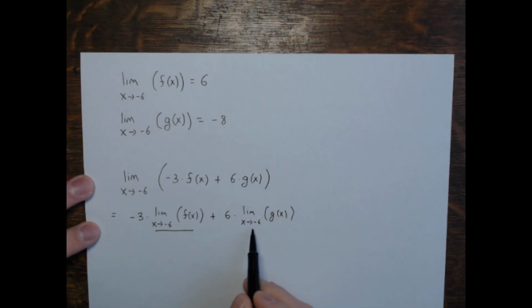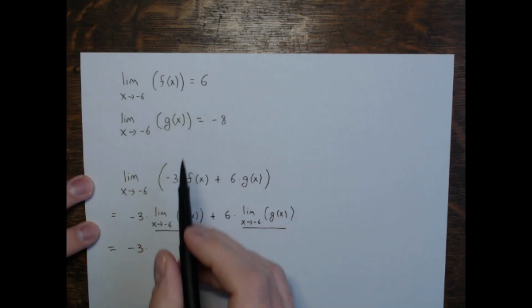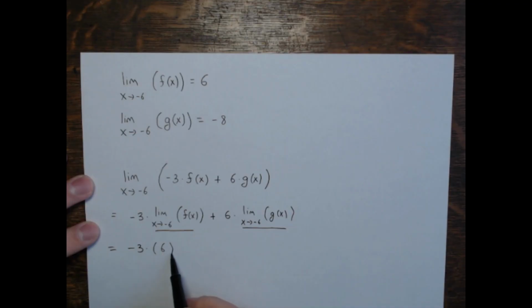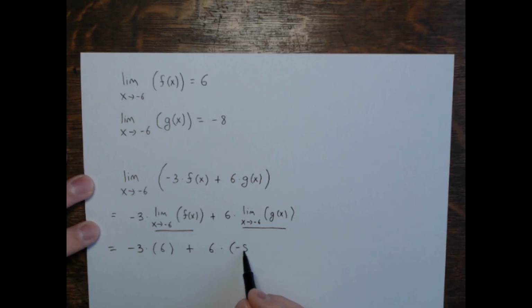And each of these was given to me. So this ends up being -3 times this limit as x approaches -6 of f, which was 6, plus 6 times this limit as x approaches -6 of g, which was -8. And we'll simplify this numerical expression: -3 times 6 is -18, plus -48.